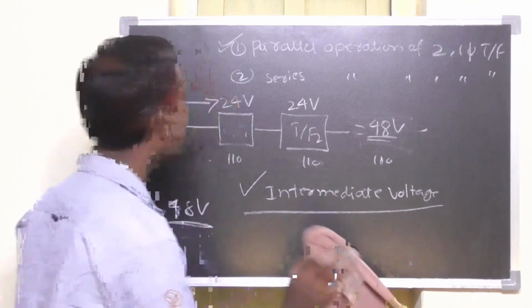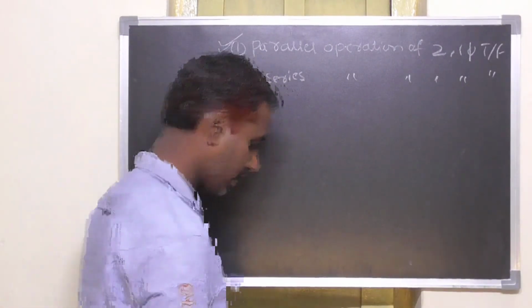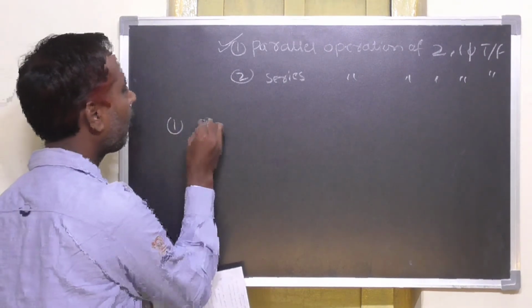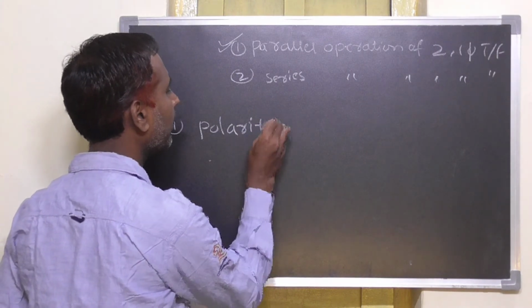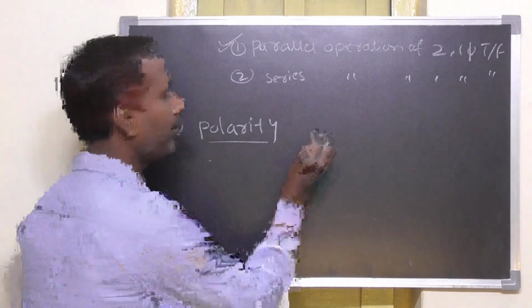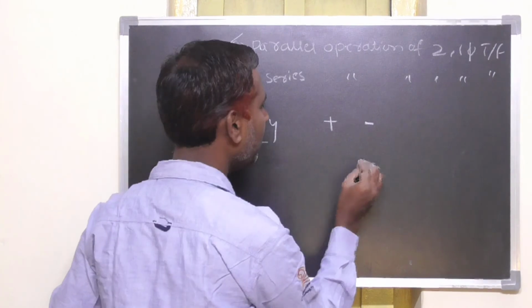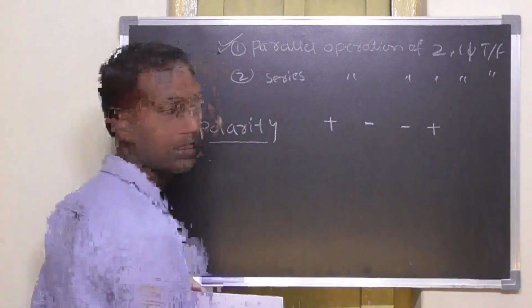While connecting the transformers in series, some conditions are there. I will tell you the conditions. The first condition is that the polarity must be the same. This polarity is very important. Polarity means phase and minus, then next minus and phase, like this.